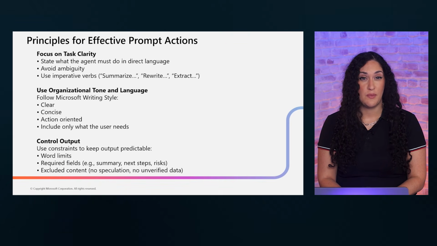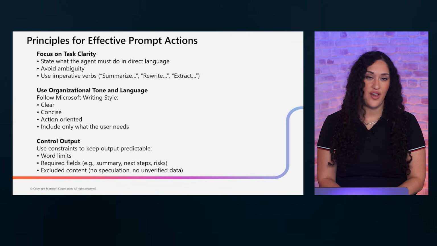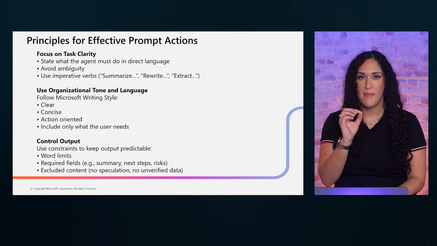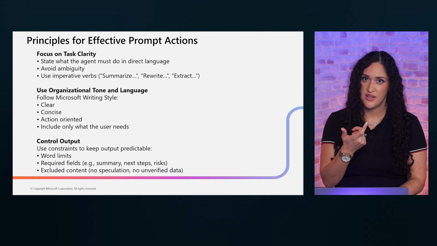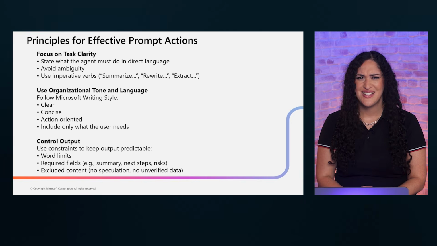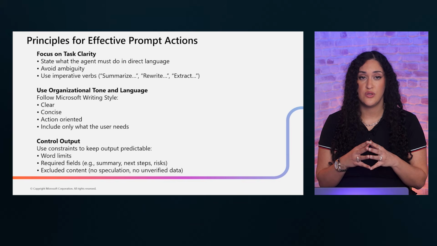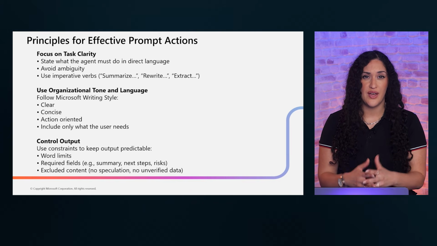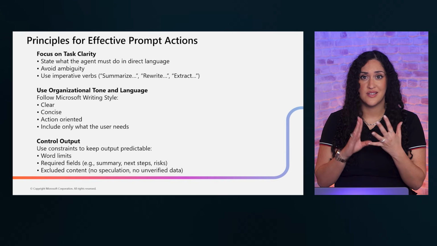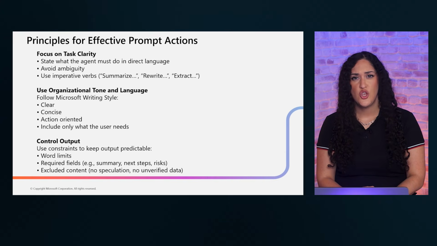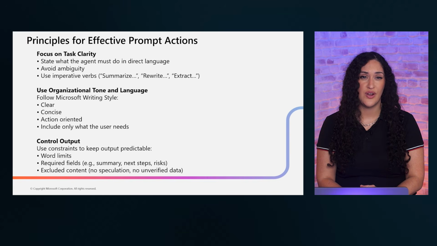These three principles will make your prompt actions even more effective. First, task clarity. Use imperative verbs, be specific, and eliminate ambiguity. Tell the model exactly what to do. Second, organizational tone. Follow the Microsoft Writing Style Guide. Clear, concise, and action-oriented, your agent's voice should match your organization's communication standards.